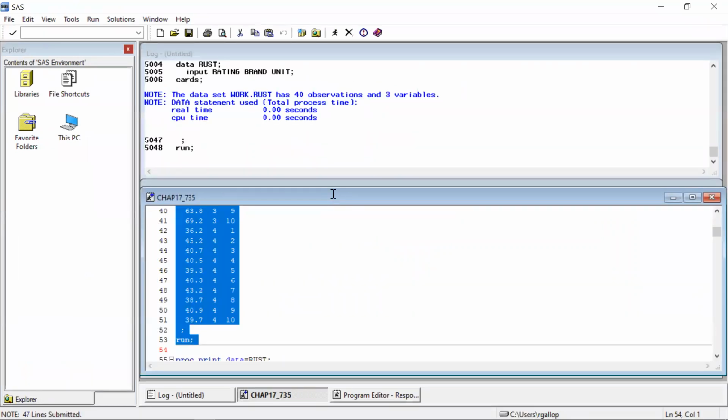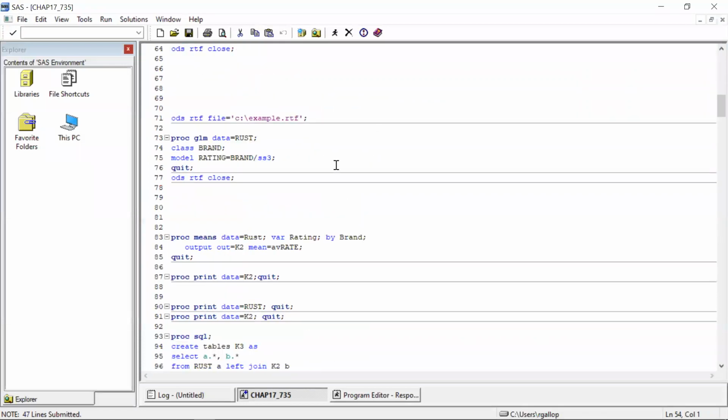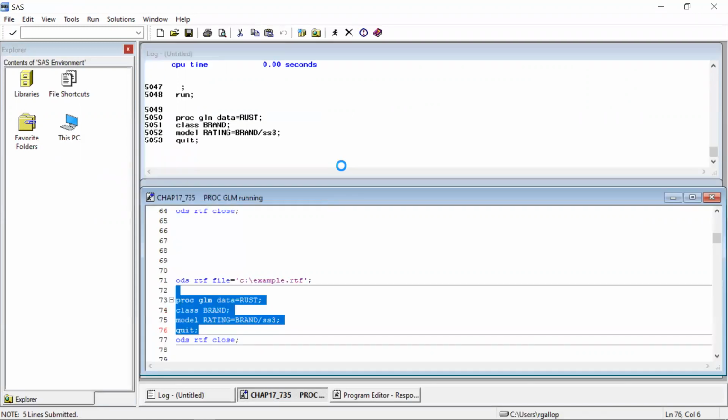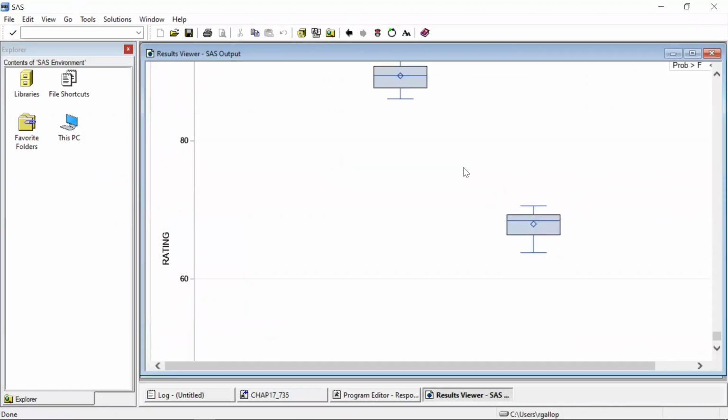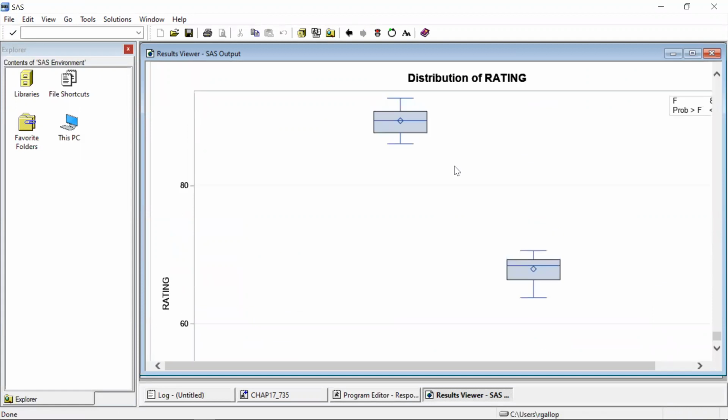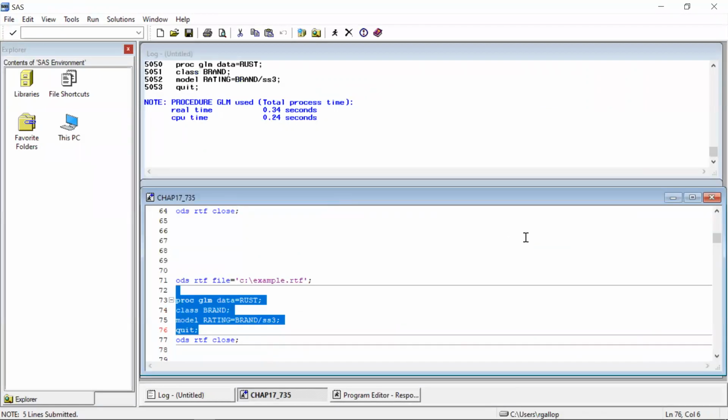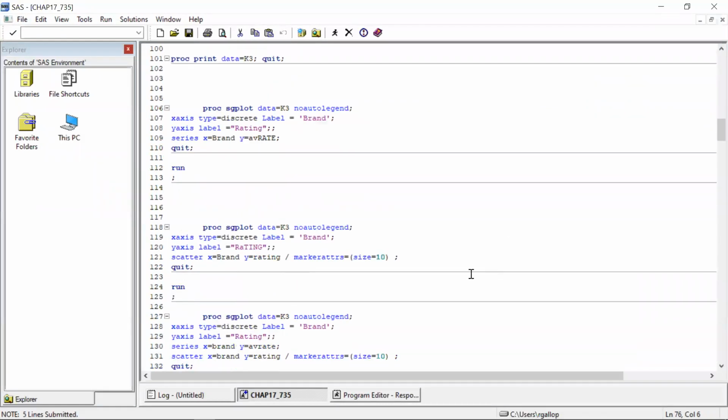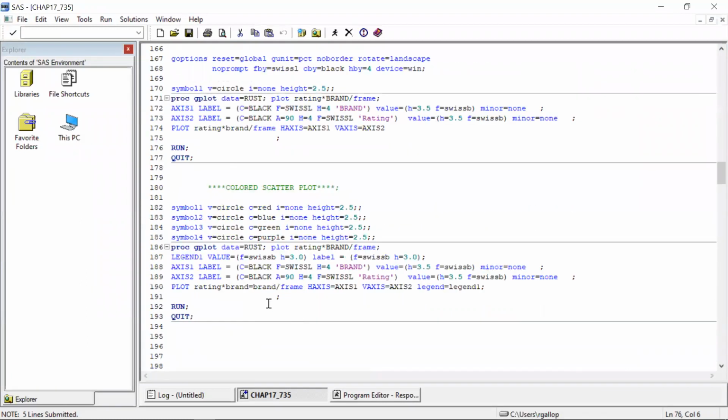Load that data up. We already ran the ANOVA before. And again, we just saw brand 2 really ran highest as we saw before. So that worked pretty good.